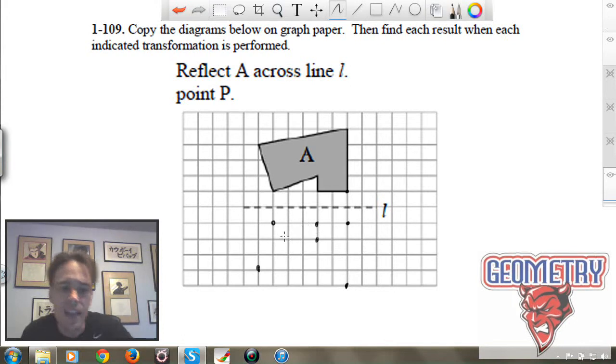And by doing that, I've now created an outline, which if I connect the dots in the same manner in which they are in the original version, we should get a perfect reflection. It would especially be perfect if my lines were straight, but you get the idea. So I'm picking the major points and reflecting them across the line such that distance was preserved. I was able to create the new object perfectly.